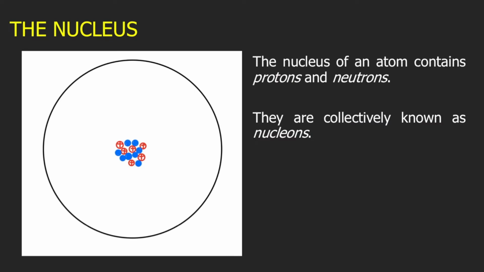Before we go straight into our discussion on atomic number and mass number, let's have first a quick recall about a very important concept, which is the structure of an atom. As you can see on your screen, we have here a rough illustration of the atomic structure. This big black circle is where the electrons are located.